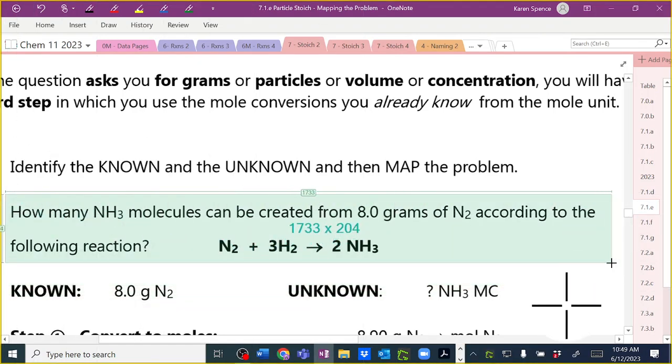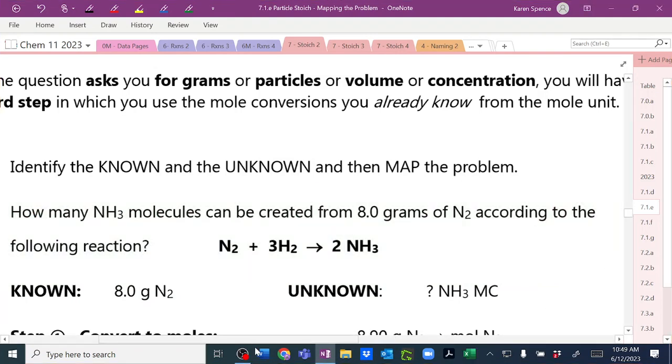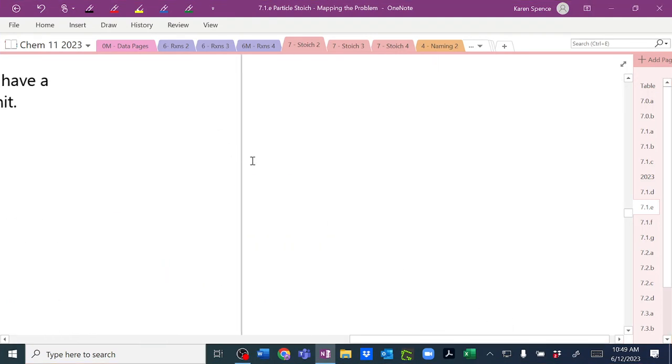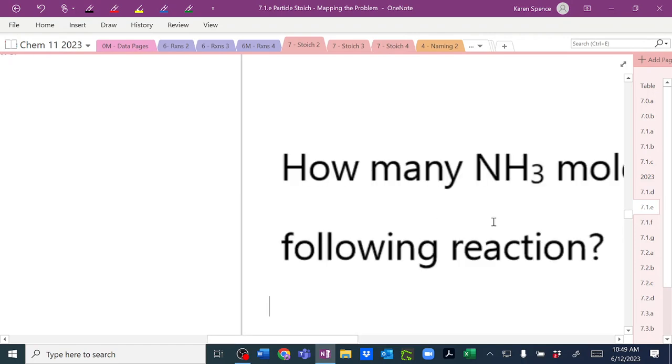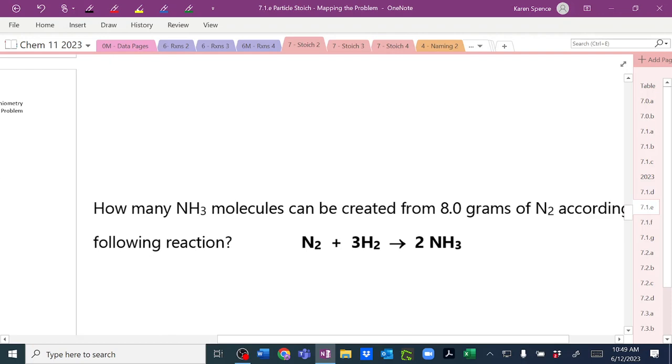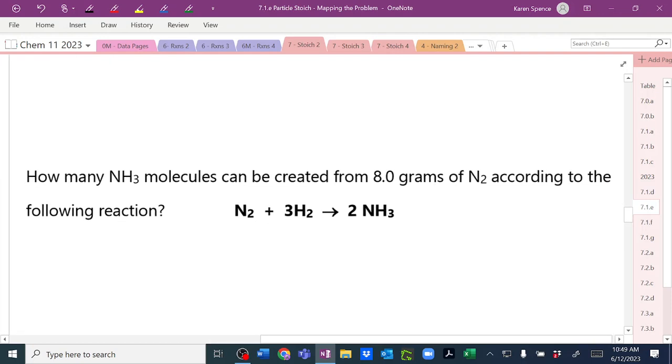How many NH3 molecules can be created from 8 grams of N2 according to the following reaction? So our known and our unknown.